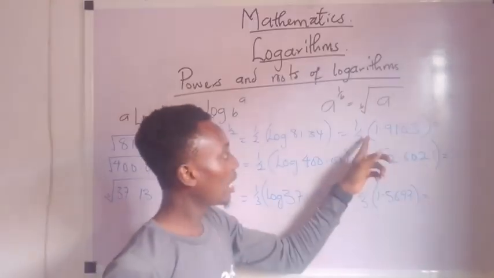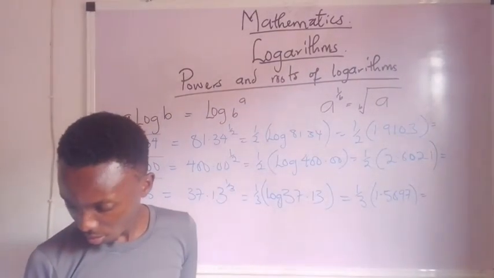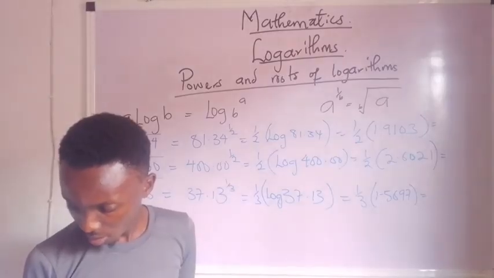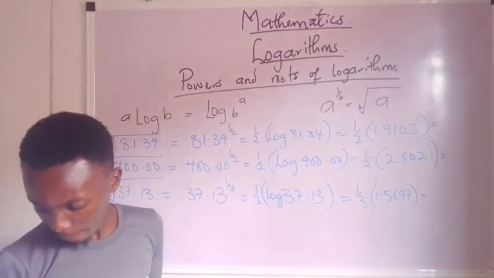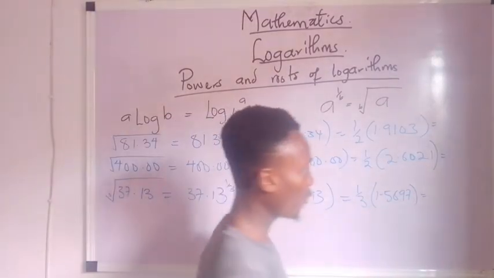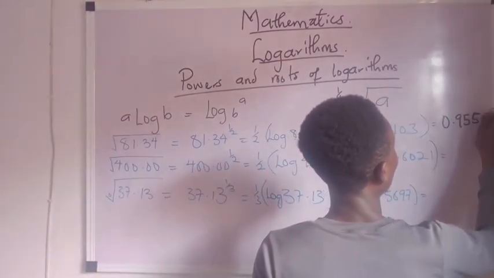Now, multiply this by half, that's by 0.5. We have 0.9551.